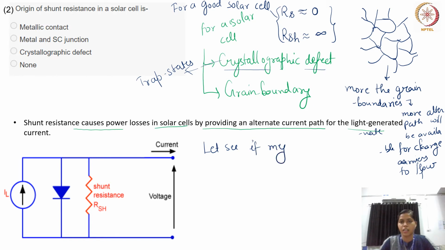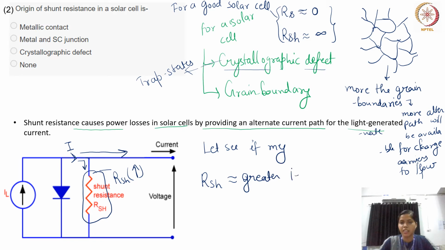If my shunt resistance is very large, and suppose the current is following this path from here, the current will not follow this path, it will go through the other path, and that is actually good for the working of our solar cell. So we can write it like this: greater shunt resistance means we have fewer defects or fewer grain boundaries.